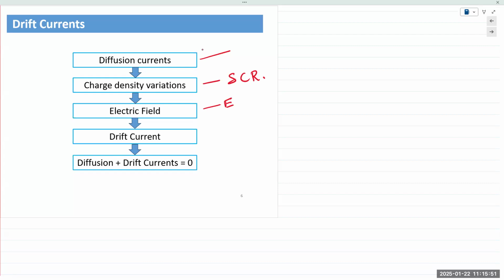That electric field causes the charge carriers to drift in response. And because they drift, it causes a drift current. The direction of this drift current is in direct opposition to the original diffusion current. And that puts a stop to the diffusion.